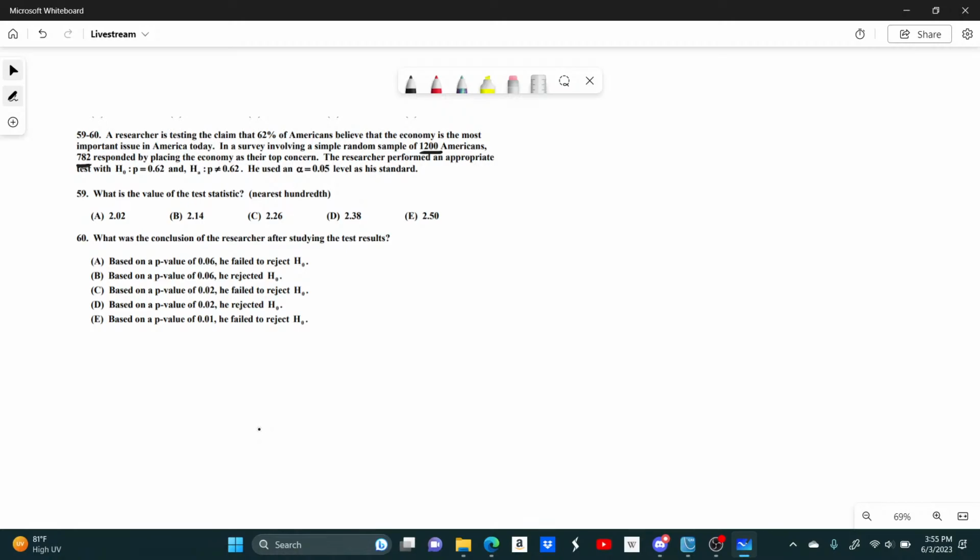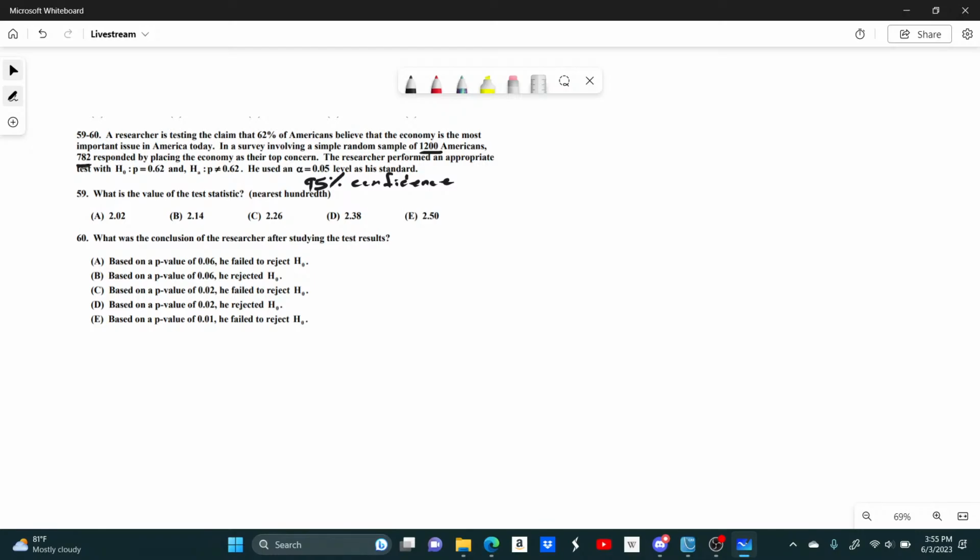The researcher performed an appropriate test with the null hypothesis of p equals 0.62 and the alternative hypothesis that the proportion is not equal to 0.62. He used a significance level of 0.05, which is, by the way, the same thing as 95% confidence. What is the value of the test statistic?